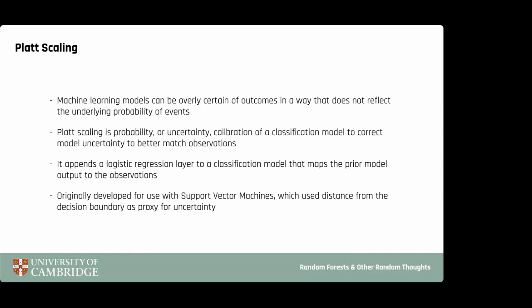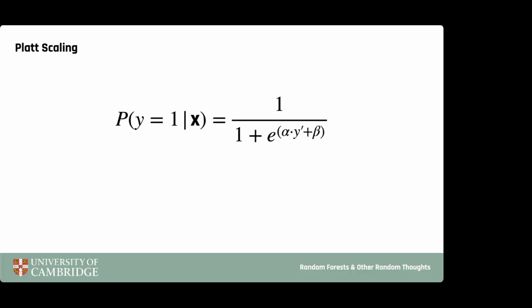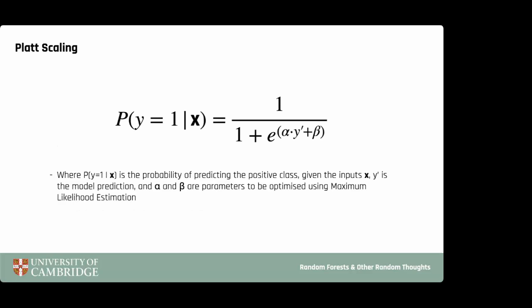Okay. So Platt scaling basically couples a logistic regression layer to the end of your random forest. If we're looking at the probability that y equals our positive class, so we've got a binary classification problem, given some input variables, it is just the equation for logistic regression, and we've got our prediction from the random forest in there instead of x.